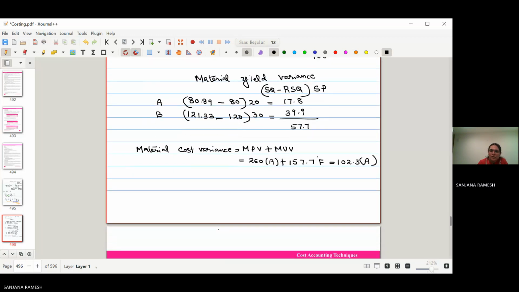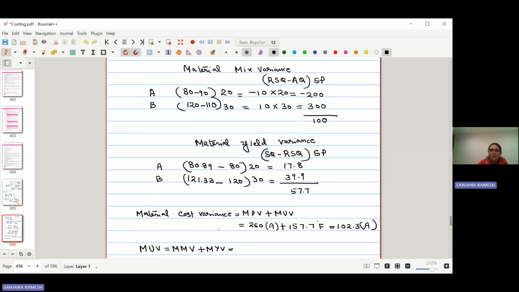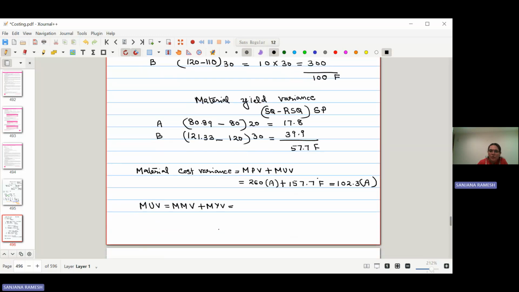Then we can find the material usage variance. It should be equal to material mix variance plus material yield variance. Material mix variance is 100 favorable. This is also favorable. So 100 plus 57.7, both favorable.